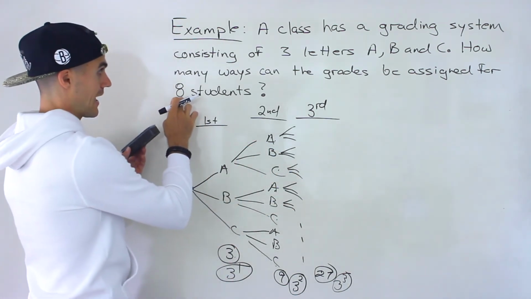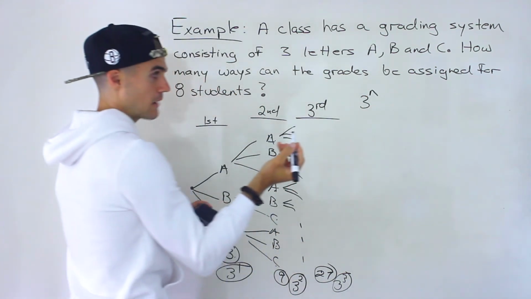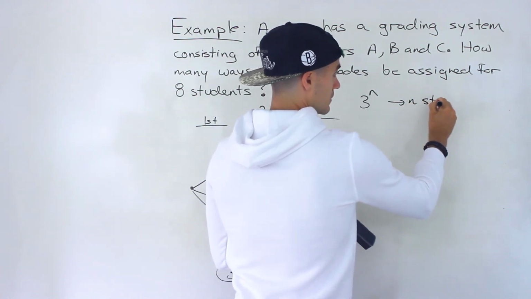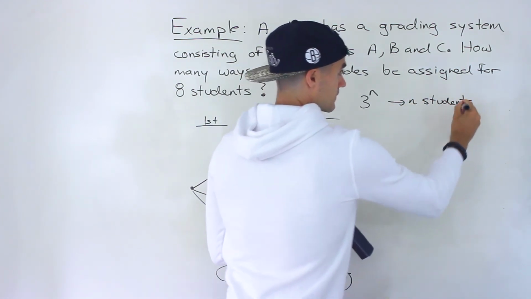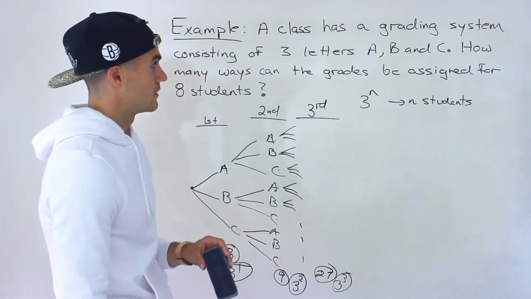So if this was n students, the number of ways would be 3 to the power of n. This would be for n students. Right? So that would be the general case.